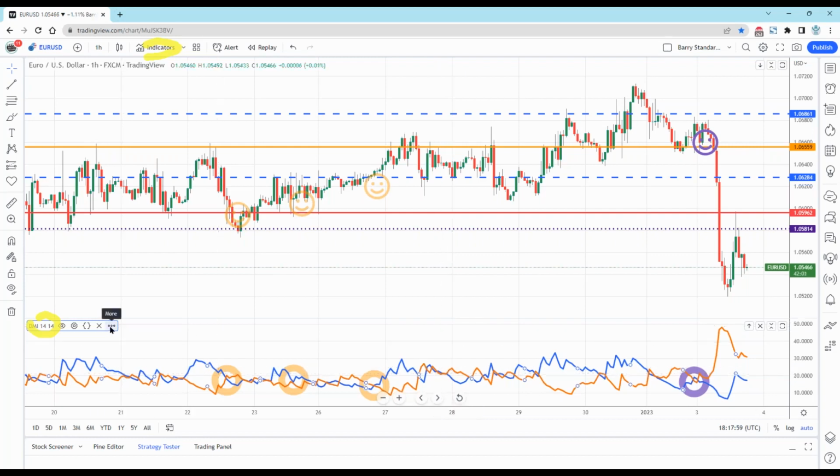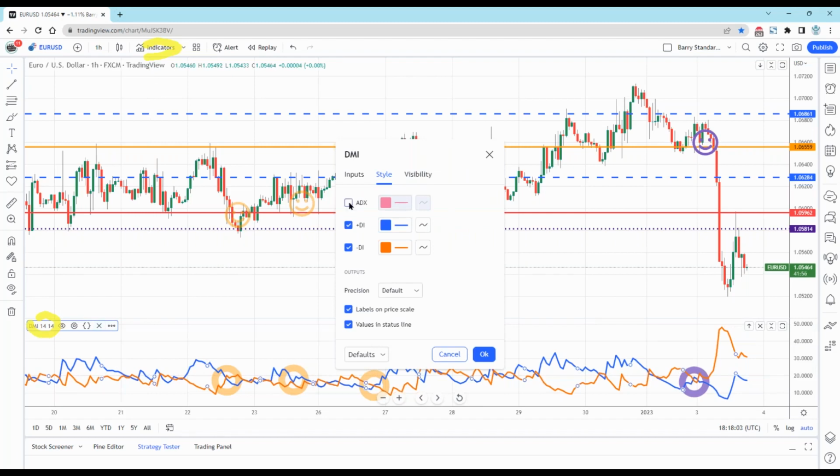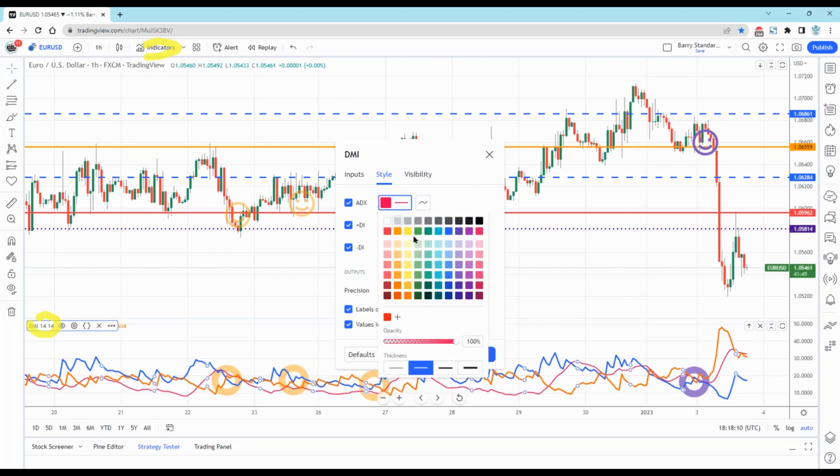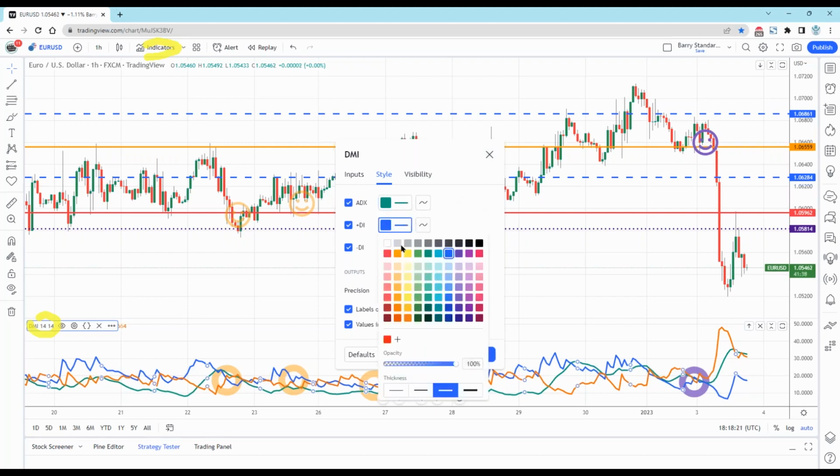Now, we do need to add a third piece of information onto this, and that is our ADX line. I put it in red, but let's put it in a color that's easier for you guys to see. Let's put it in dark green. And I'm going to make these a little bit thinner now that we've talked about them.